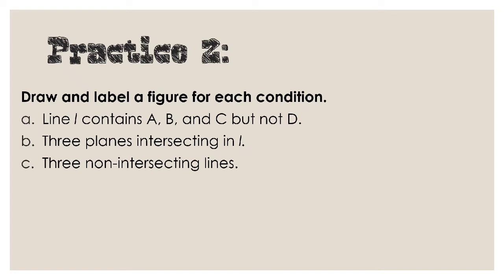For the first task, our condition: line L contains A, B, and C, but not D. Letter B, 3 planes intersecting in line L. And C, 3 non-intersecting lines. If you're ready, you may answer this now on your answer sheets or in your notebook.